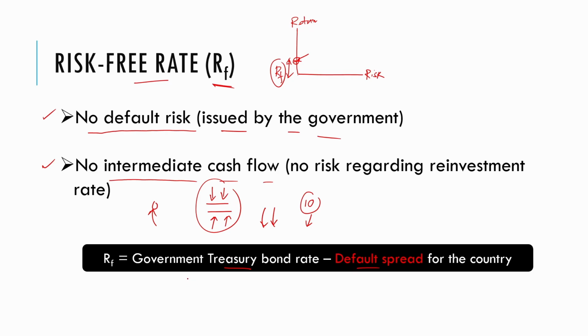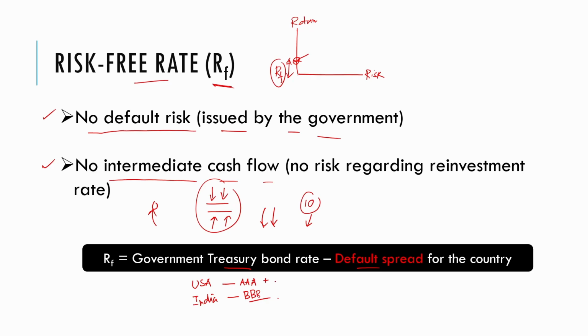For example, if you check the government treasury bond rate for, say, USA, you may get the bond using Moody's rating triple A plus. Suppose, I don't know the actual rate, I am telling you just as an example. But if you come to India, the same category of bond will be rated suppose B or triple B or something like that.